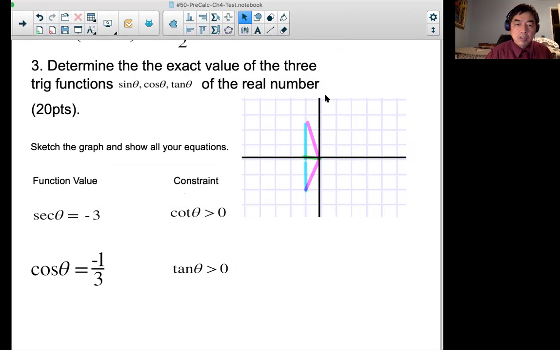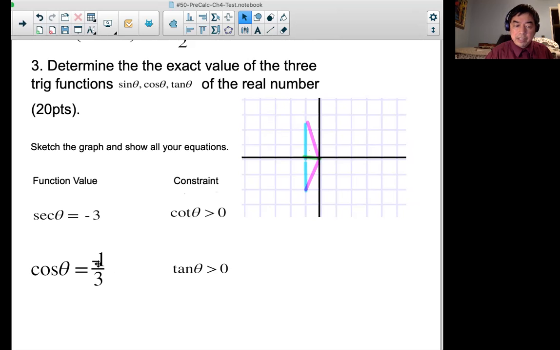Or cosine becomes positive, right? I'm sorry, all become positive because of this. All Students Take Calculus: so tangent becomes positive, and cosine becomes positive.